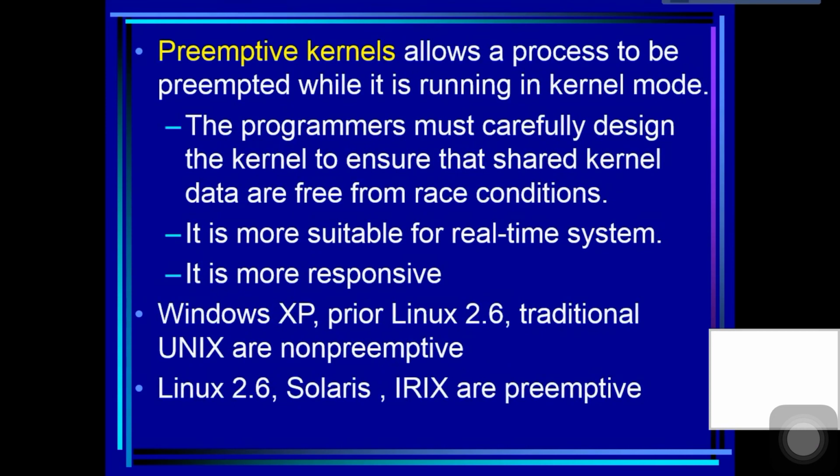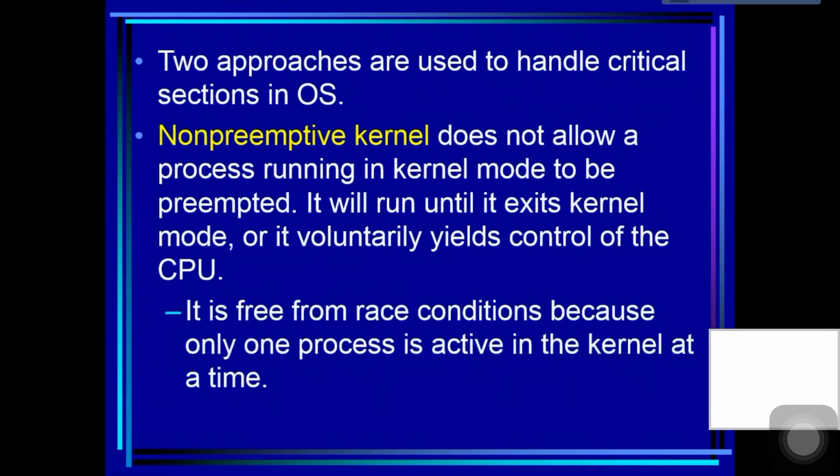A non-preemptive kernel does not allow a process running in kernel mode to be preempted. A kernel mode process will run until it exits kernel mode, blocks, or voluntarily yields control of the CPU. So it is free from race conditions because only one kernel process is active in the kernel at a time.